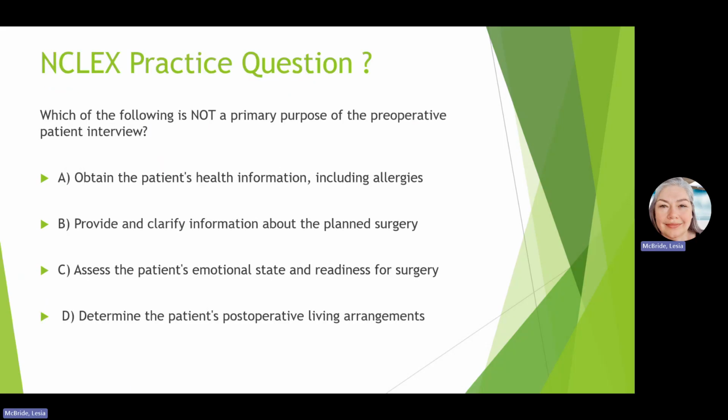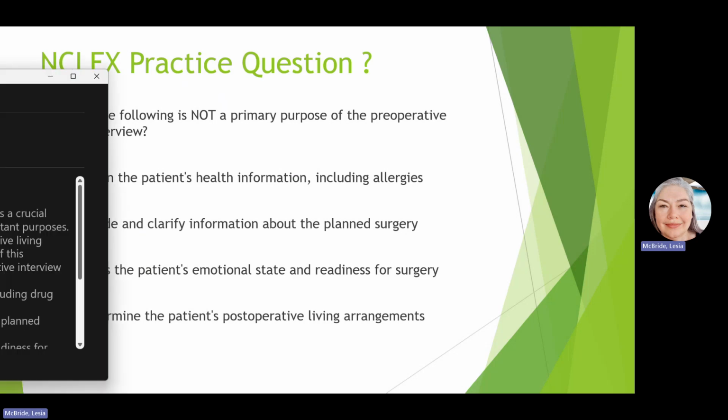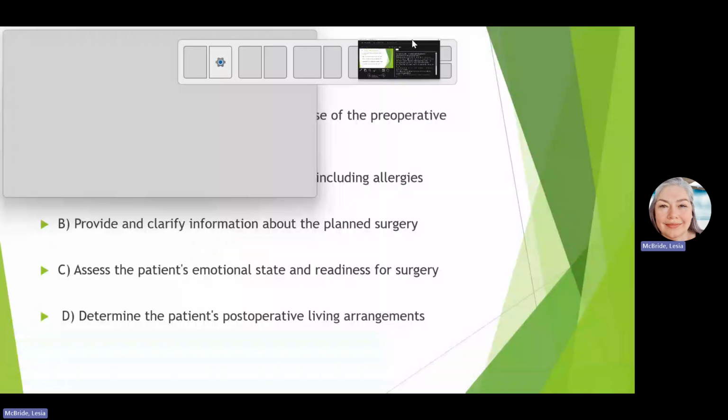Okay, NCLEX practice questions. Which of the following is not a primary purpose of preoperative patient interview? Now, I'm going to pull my questions over again so that you can see these. I want to make sure that you see the answers.